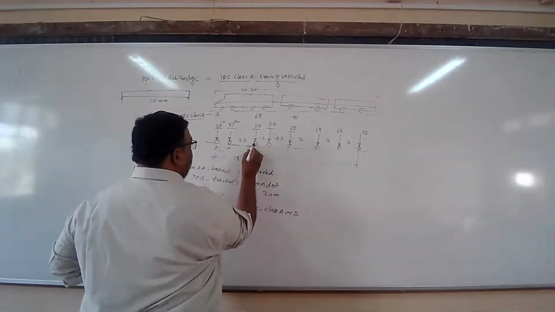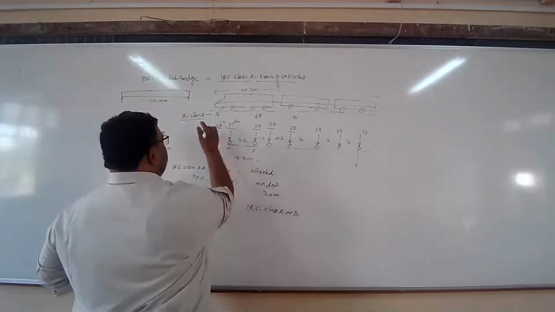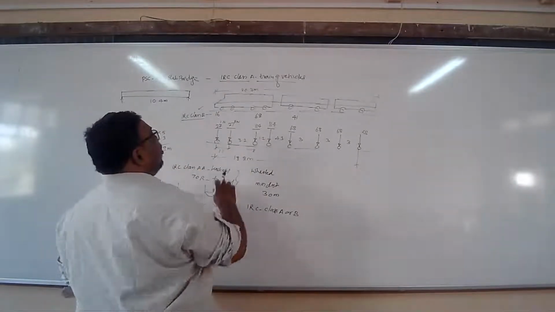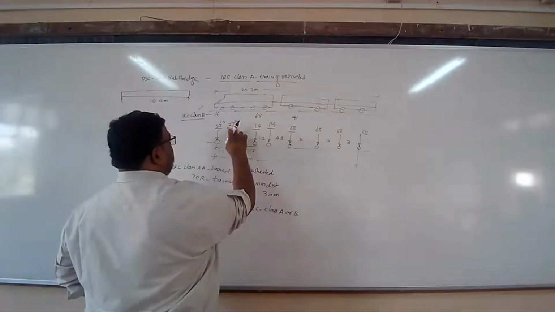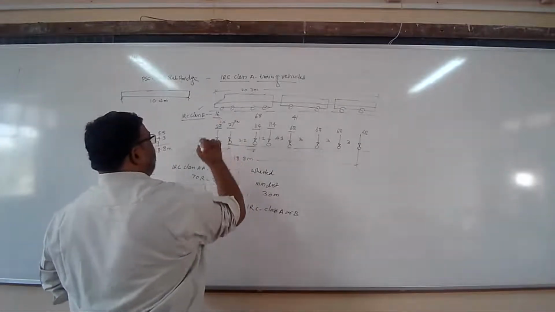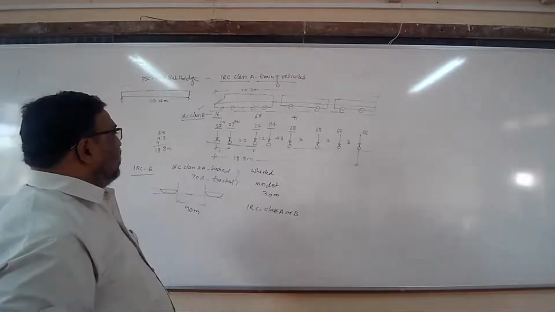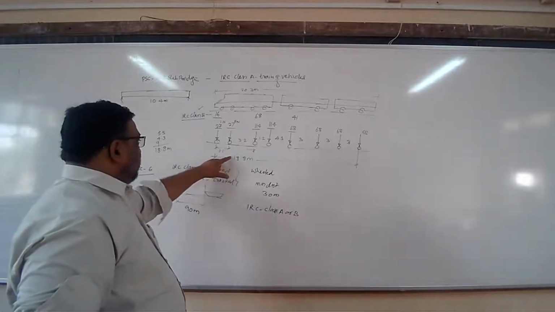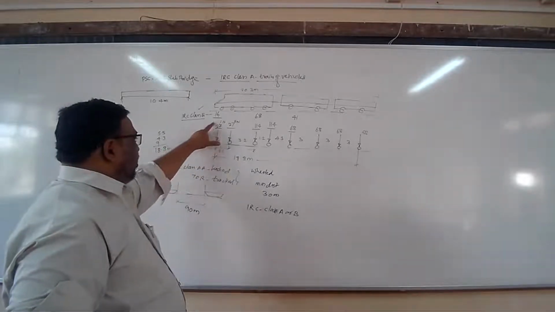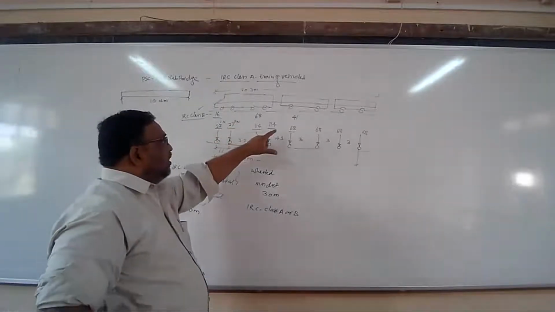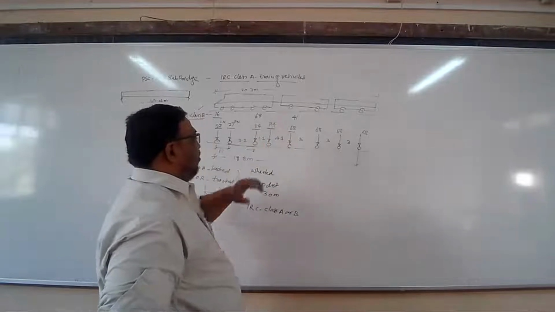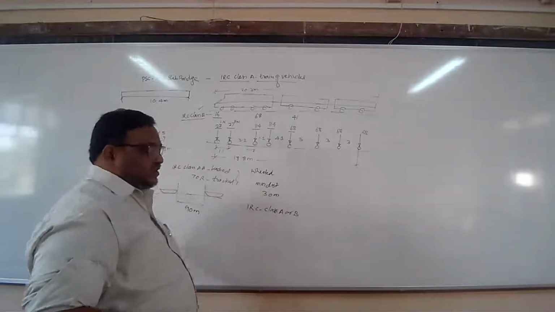Distance between units and axles, whatever is for Class A, is the same for Class B. The only difference is the axle load that will be getting transferred through wheels or axles. In case of Class B it is 16 kN in place of 27, 68 in place of 114, and 41 in place of 68 kN. It is given in IRC 6.